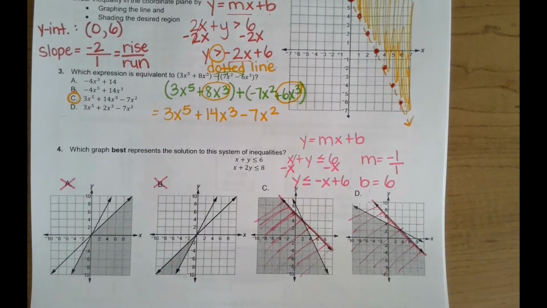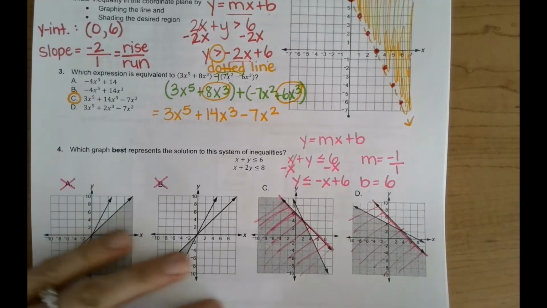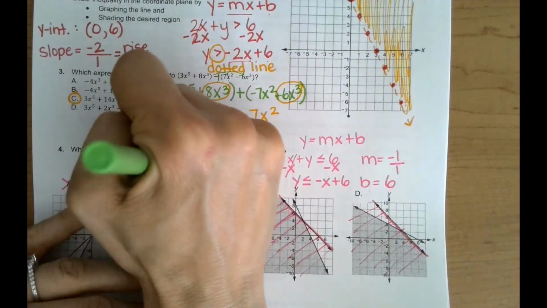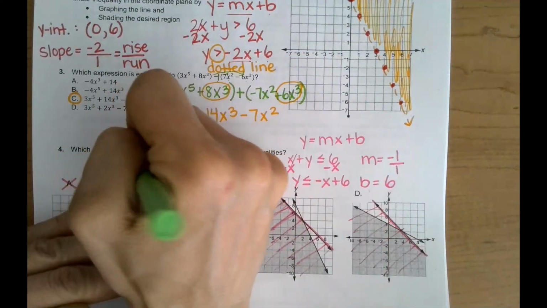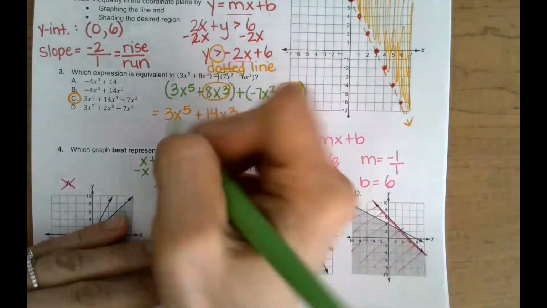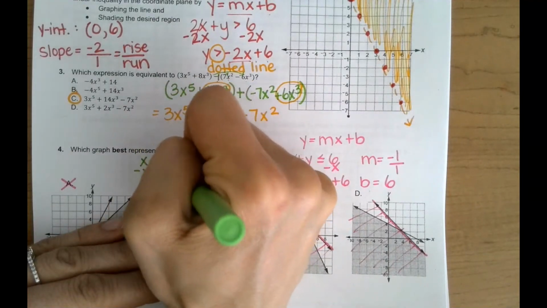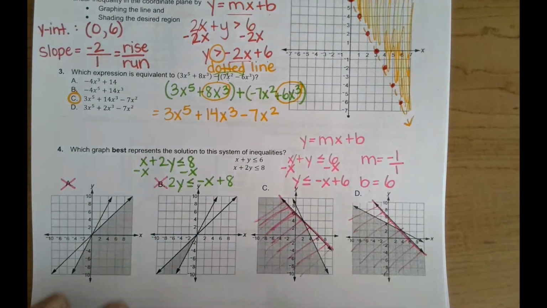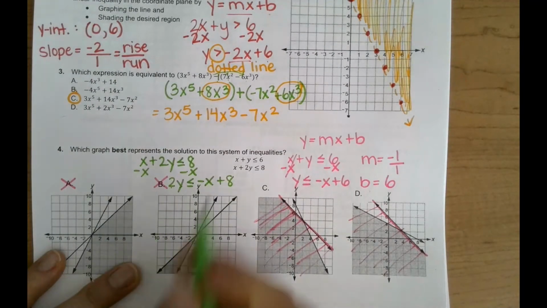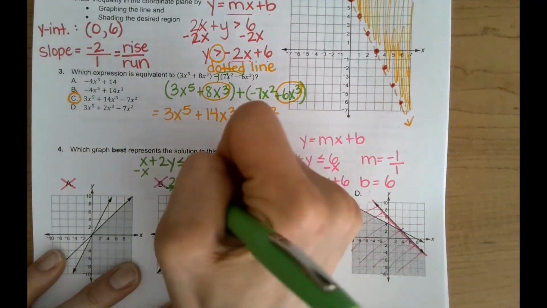Now for the other equation, x plus 2y is less than or equal to 8. Again, I need to subtract x from both sides. I get 2y is less than or equal to negative x plus 8. And then if this is 2 times y, I need to do the opposite: divide by 2 to both sides.